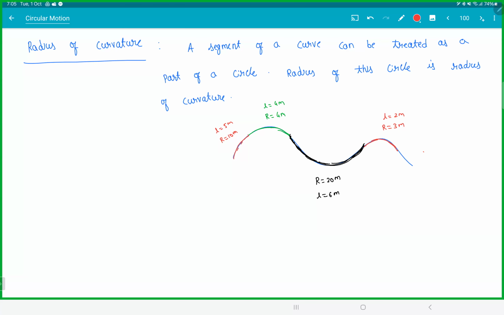So if you have a random curve, something of this sort, this piece can be treated as a part of a circle. This piece here can be treated as a part of a circle. This piece here is treated as a part of a circle. Here, this piece is treated as a part of a circle. Right. And for each piece, you can define the radius R1, R2, R3, and so on.